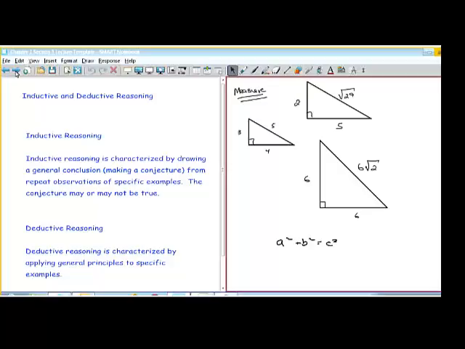I'd say a squared plus b squared equals c squared. And for those 3 cases, it works. And so I could then say, in general, for any triangle, that's true. So I'm using the experiments to come up with a relationship. So that's inductive reasoning.